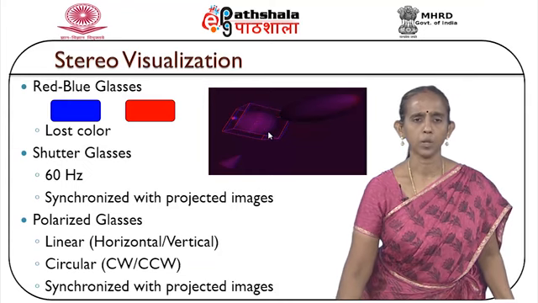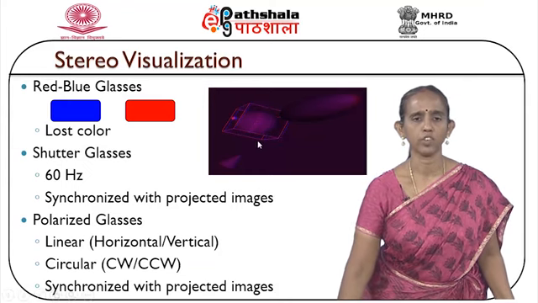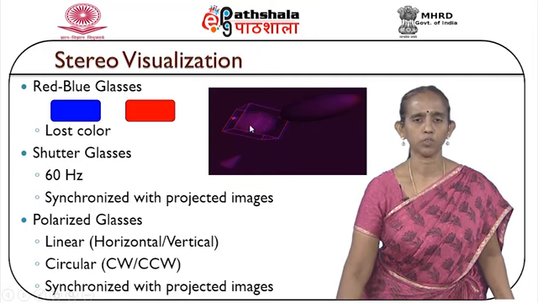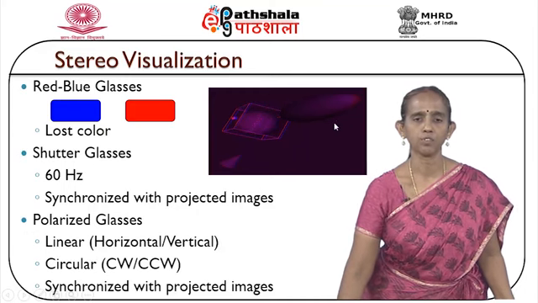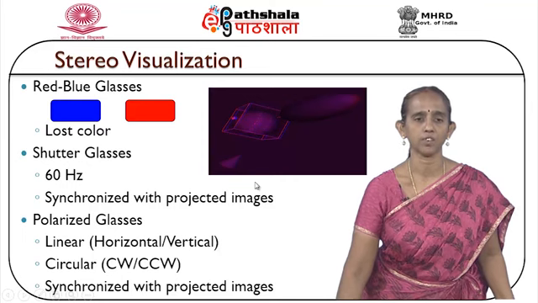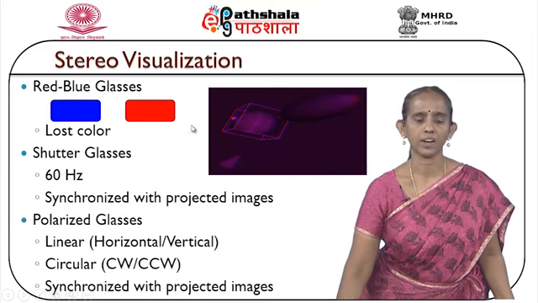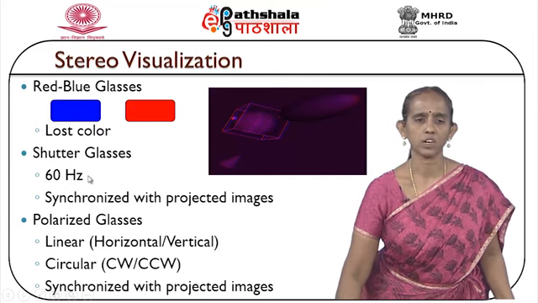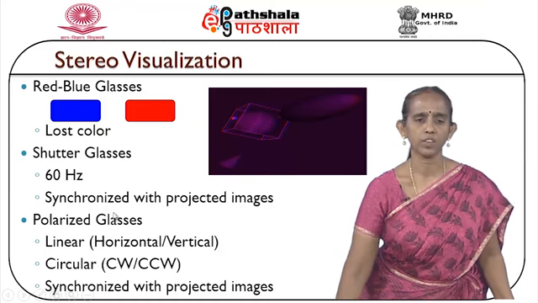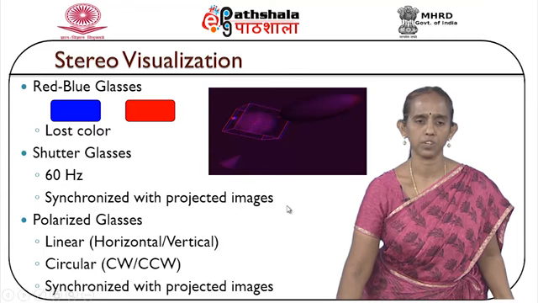Then we have another type of visualization which is called stereo visualization. In the case of stereo visualization, it is possible for the eye to have a kind of two and a half dimension effect, or similar to a three-dimensional effect. In this stereo visualization, the user has to wear glasses, either red and blue glasses, or shutter glasses that work at a frequency of 60 Hertz and are synchronized with the projected images.